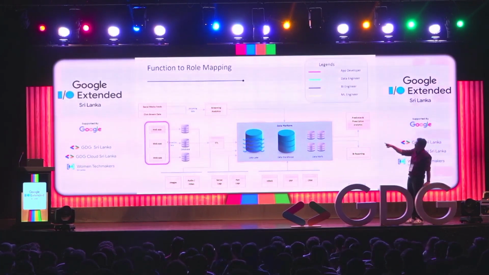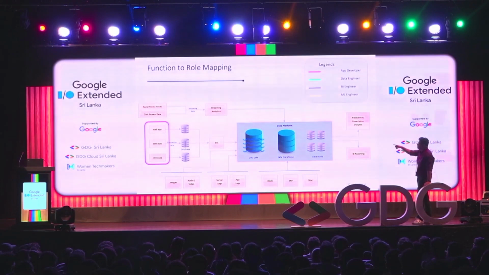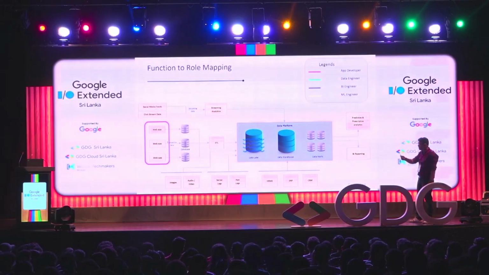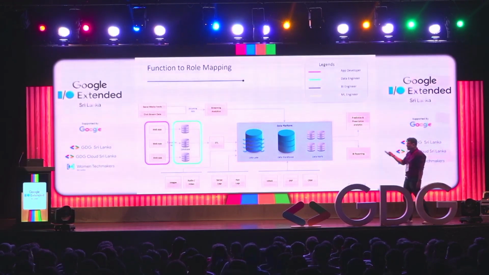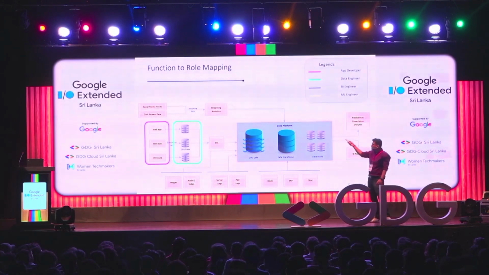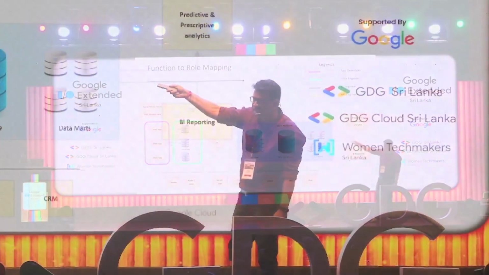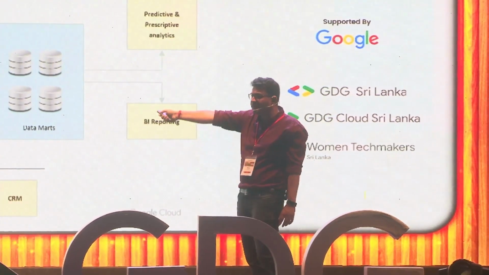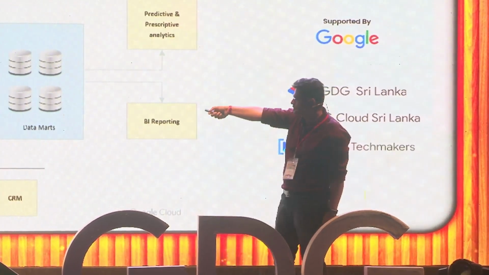You are seeing that pink block, the application development, that is handled by the application developers. The green box that you see is all the data engineers' job. So creating databases is a data engineer's job. Creating ETL pipelines is also the data engineer's job.